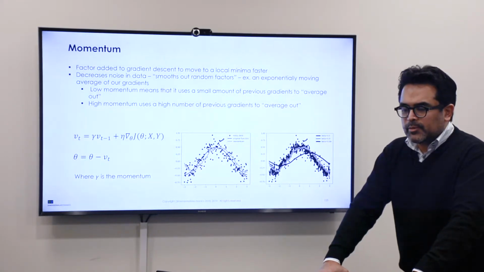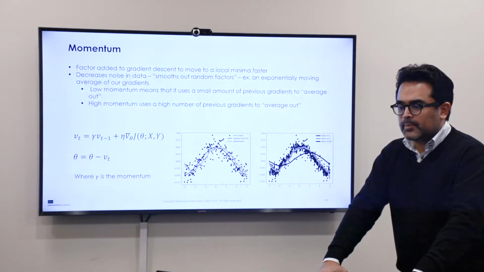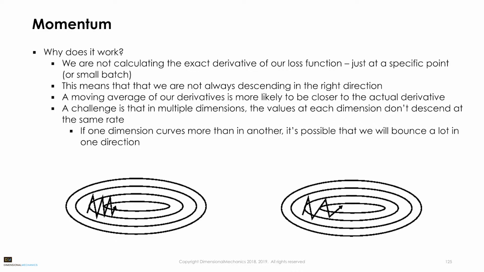If you introduce momentum, then that will smooth it by a bit. The challenge with momentum is that when you smooth it, if it's rough, you don't really know how much it's decaying.